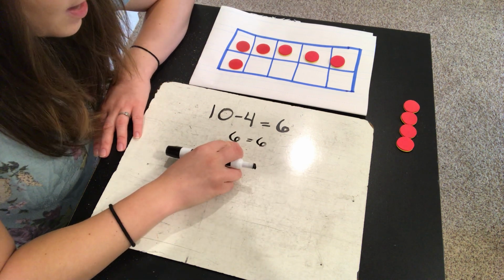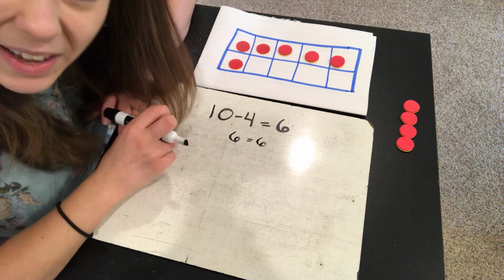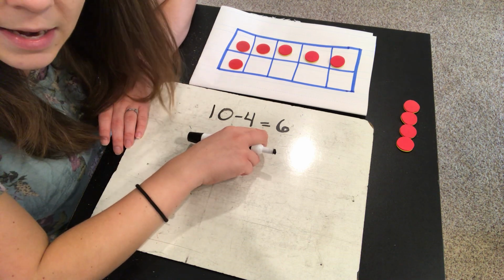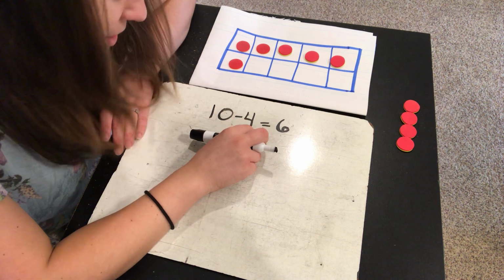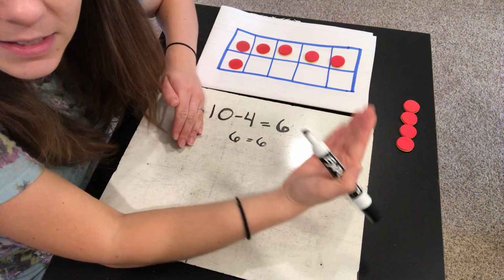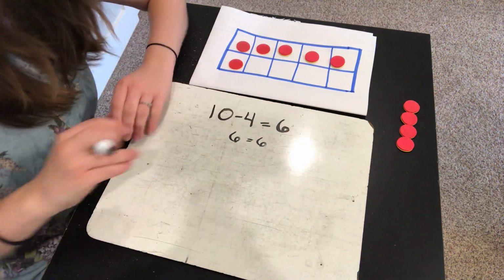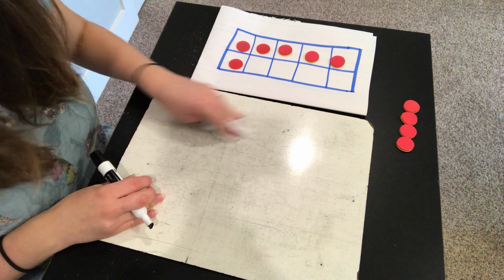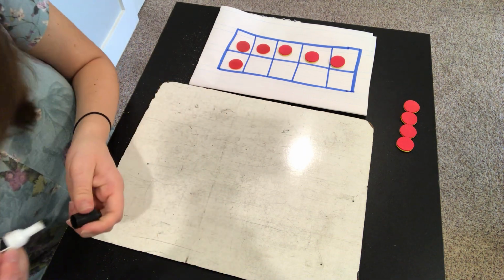Okay? You're going to have to know this later on when we start doing balanced equations. That's why it's important to realize that the equal sign, I'm having a hard time saying sign today for some reason, means that each side has the same. Okay? So 10 minus 4 equals 6. Let's clear our boards and we'll do our next problem.